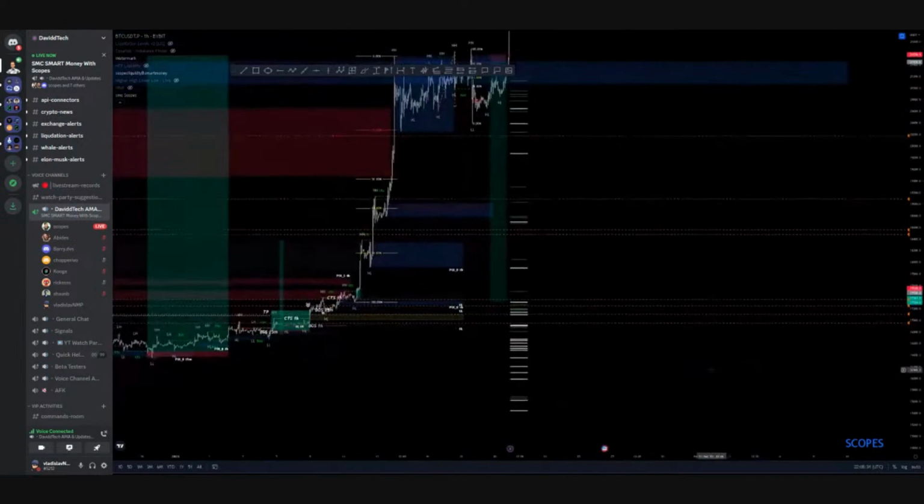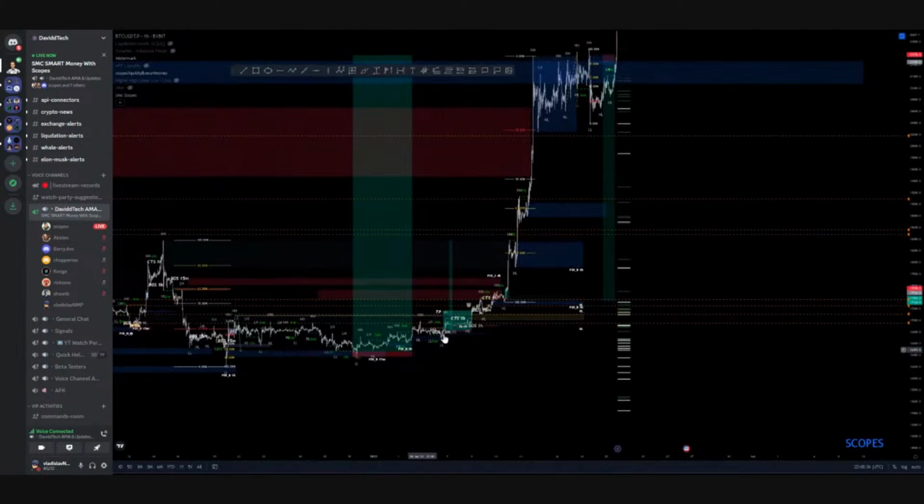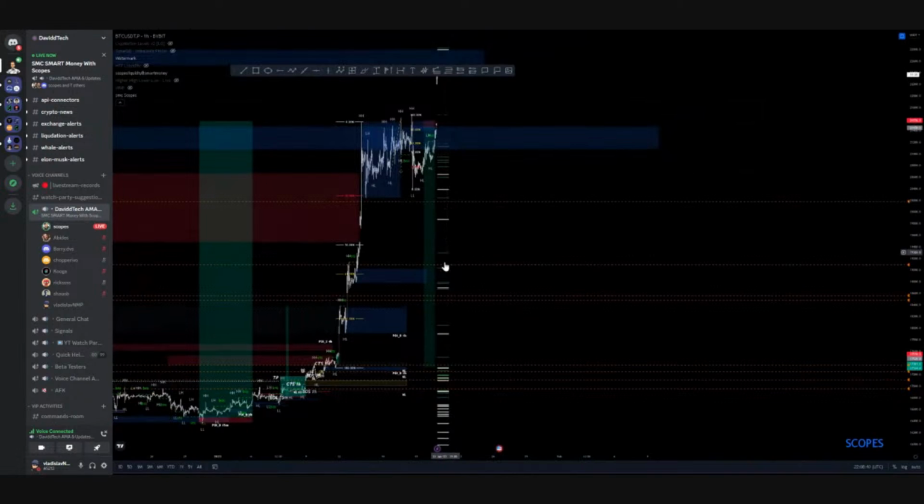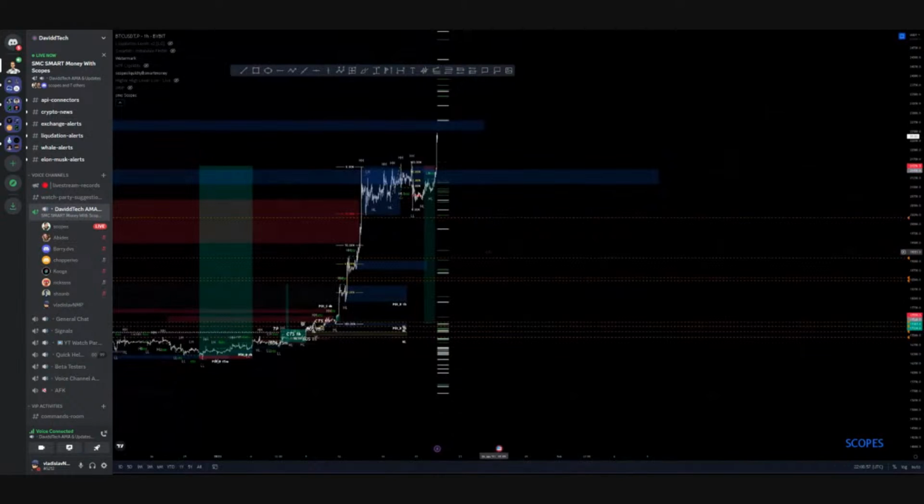This level is underneath from the pump we've had. So many targets to hit. People's stop losses will be at each one of these levels, obviously on all different time frames. So it'll come down to collect this. Not saying it's got to, but I would be expecting that.